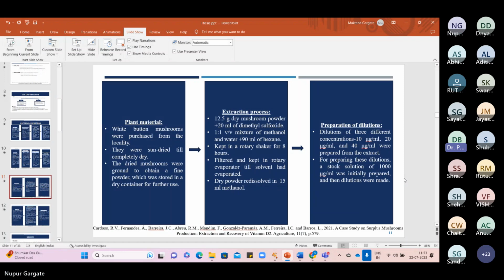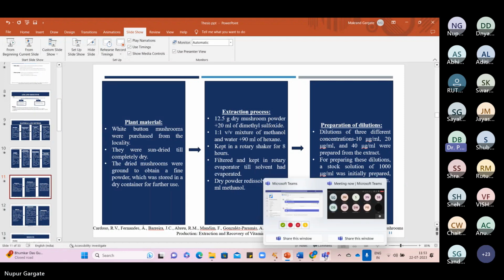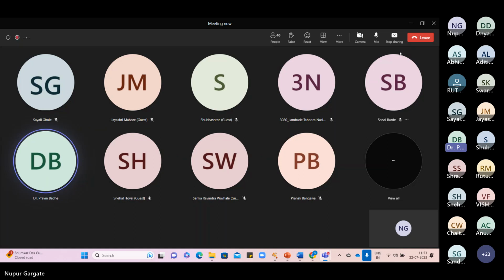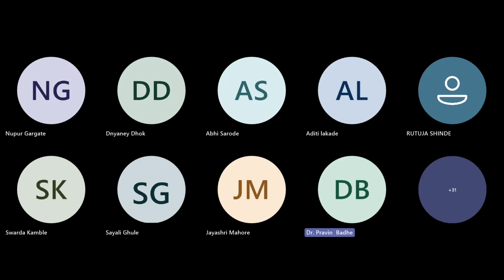Thanks, Nupur, for accepting the invitation from Sendidi and Swalife and giving this presentation. It was a nice presentation. At the same time, you have done good work in network pharmacology, and it's not only that you have done the work, you have also delivered a presentation as well.